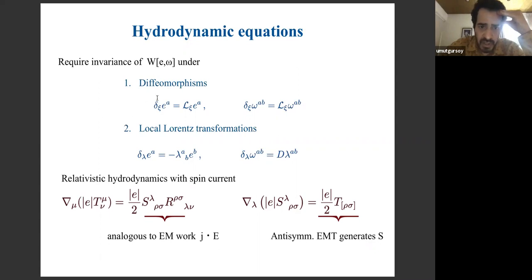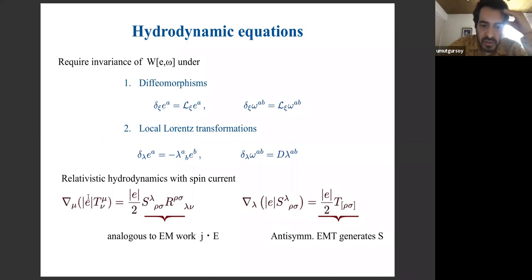The one that comes from the diffeomorphism is exactly what you would expect from the Navier-Stokes equation in the absence of the spin current, and in flat space, that would be that. This lambda is in a curved space that is described by this vielbein in general, which I'm not going to make dynamical, but still it can be a non-trivial background.